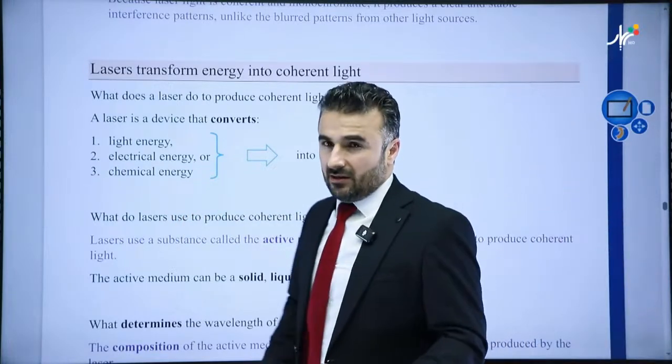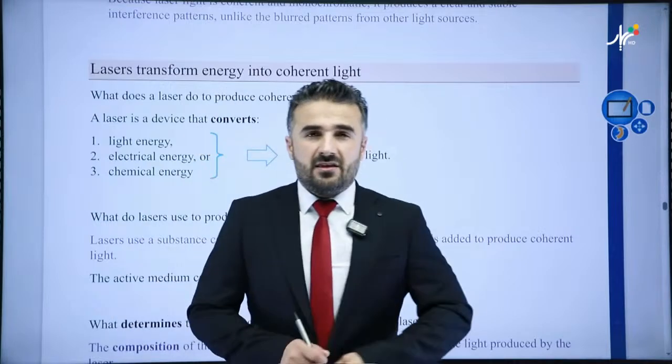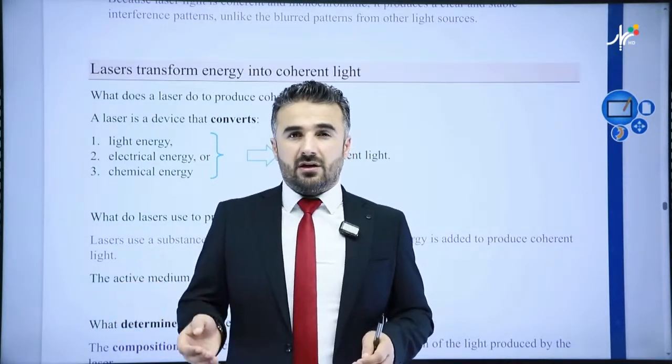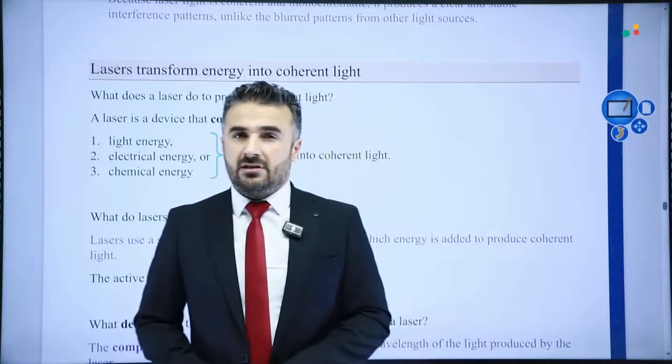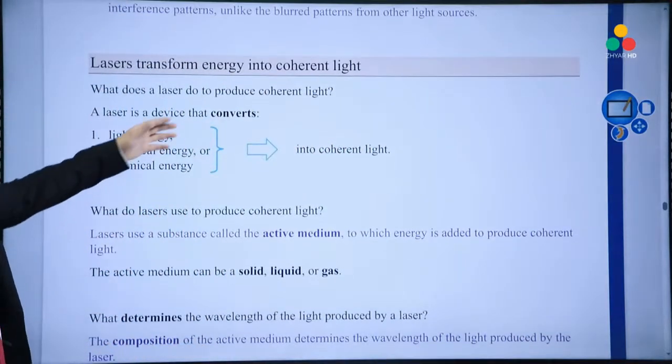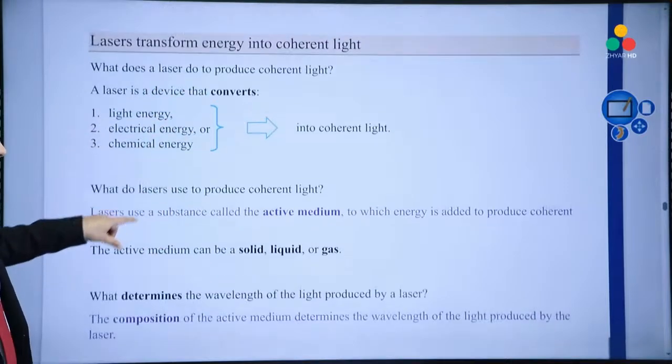So where does this coherent light come from? It comes from this device converting light energy, electrical energy, or chemical energy into coherent light. That is basically where this coherent light comes from.